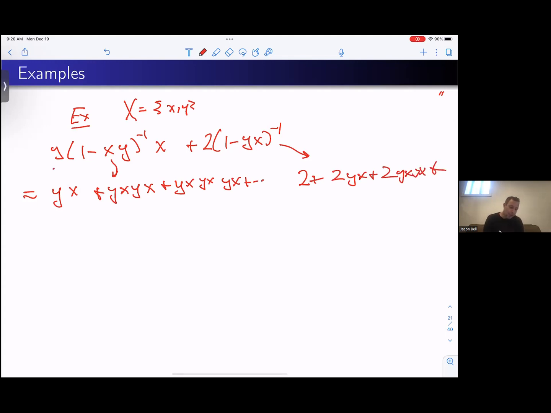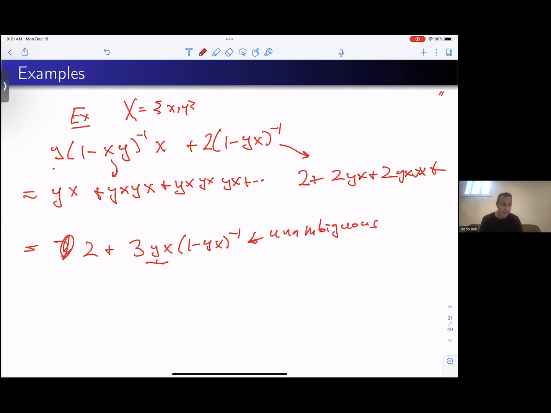But of course, as we saw, we could rewrite this as 2 plus 3yx(1 minus yx) inverse, and this is unambiguous. So now we see that there's exactly one way to form each non-zero coefficient when we expand this out, whereas in the other form there were 2 ways for each yx, yx, and so on and so forth. But we see this is an unambiguous series in disguise.